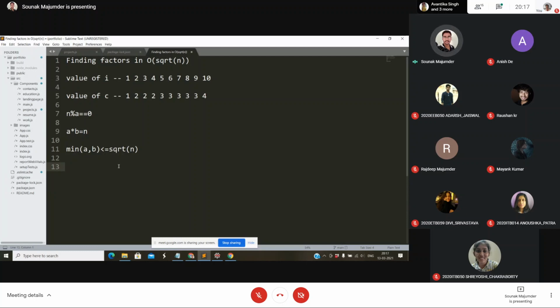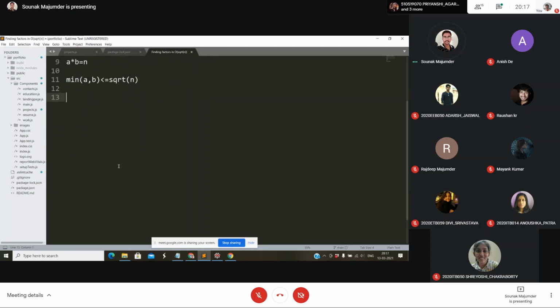So try to understand this fact: if a number a divides n, and it's less than square root of n, let's suppose that it's less than square root of n, then there has to be a number b which is greater than square root of n.